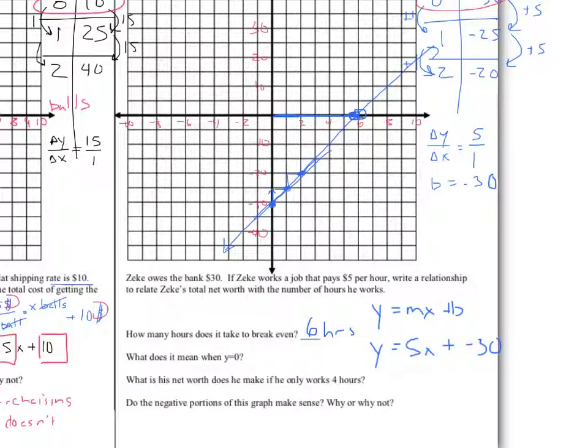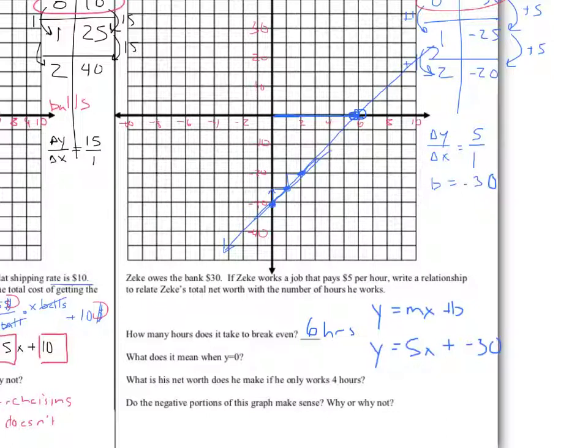All right, so what does it mean when y is equal to 0? We just talked about that. Jasmine, what does it mean in this problem when y is equal to 0?